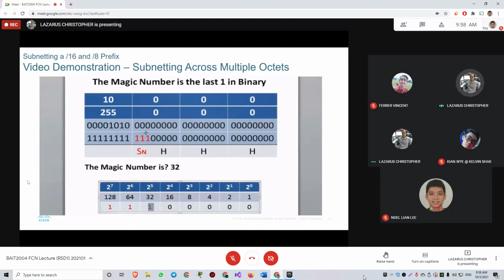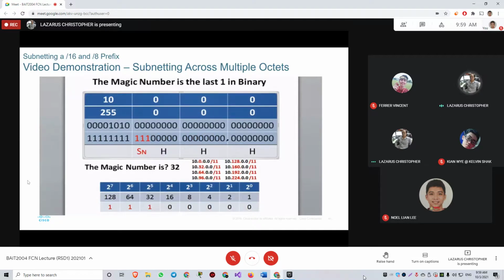If we look at this 8-bit grouping in this octet right here, the last one is still in the 32's place. So the networks will go up by 32. So the networks are 10.0, 32, 64, 96, going up by 32, but in the second octet. The only difference is now we have a lot more host addresses.